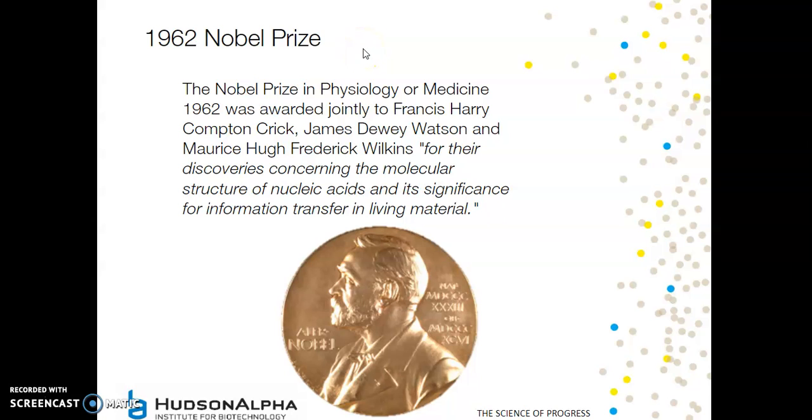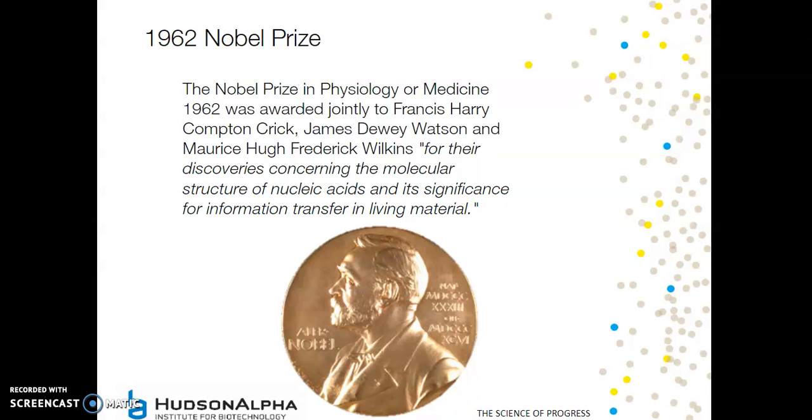In 1962, the Nobel Prize in Physiology or Medicine was awarded jointly to Francis Harry Compton Crick, James Dewey Watson, and their other colleague, Maurice Hugh Frederick Wilkins. There also was another person who was in their research group and who helped them a lot.